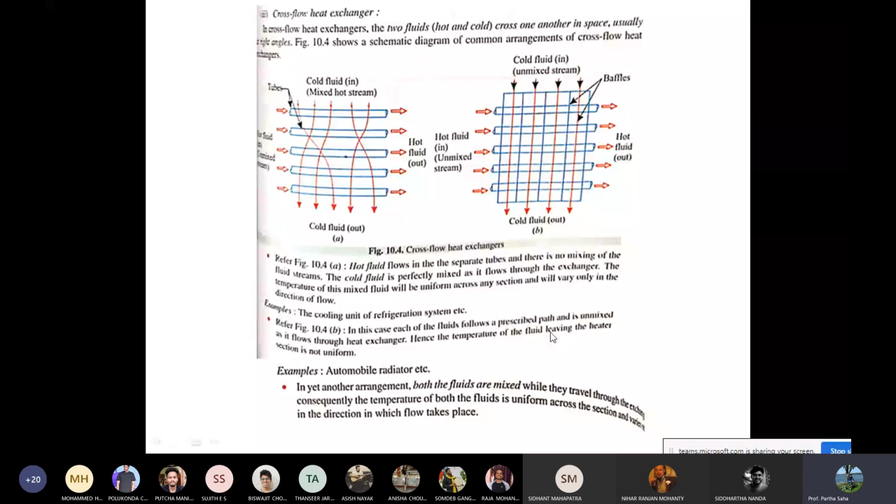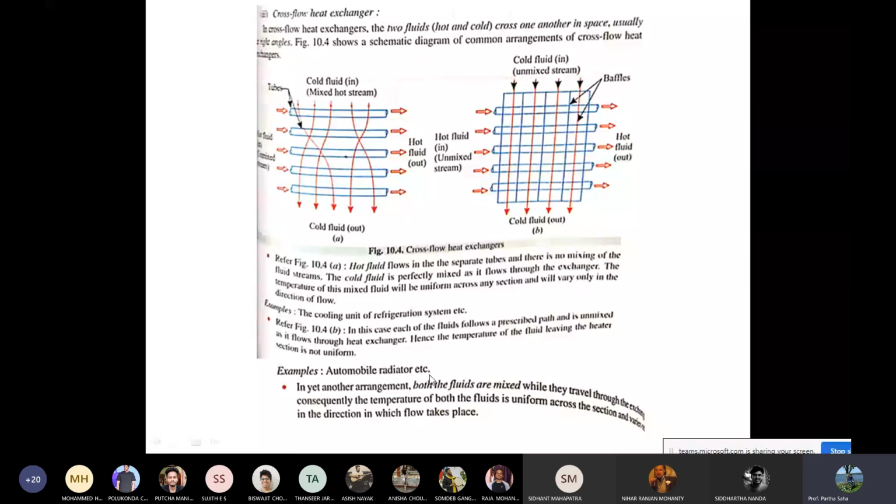But the temperature of the fluid leaving the heater section is not uniform, because the temperature here and here might be different depending on how much heat is exchanged at this surface. So across the length of the cold fluid, the temperature is not uniform, but in this direction, the temperature will steadily increase.